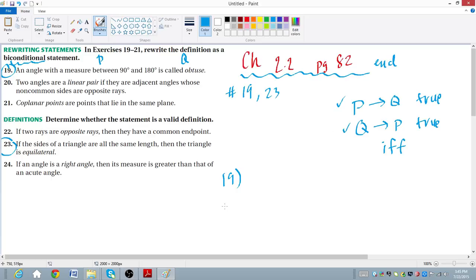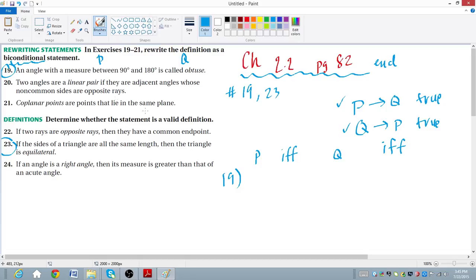So now you can write a biconditional statement. To write a biconditional statement, just don't put the if and then in the statement. Just start with the P and then write the Q and put if and only if in between.